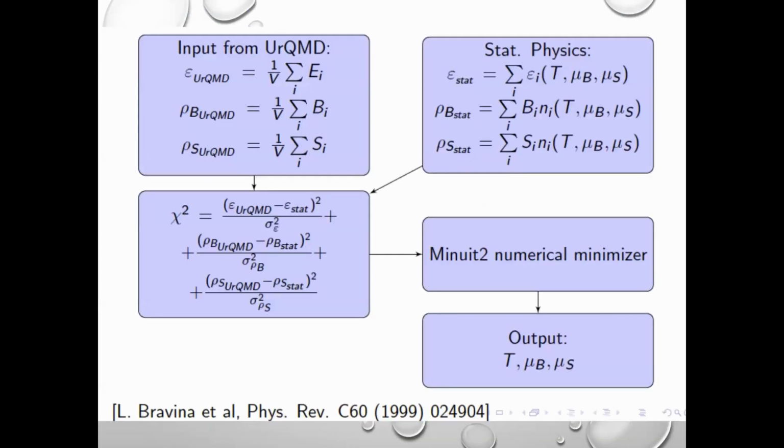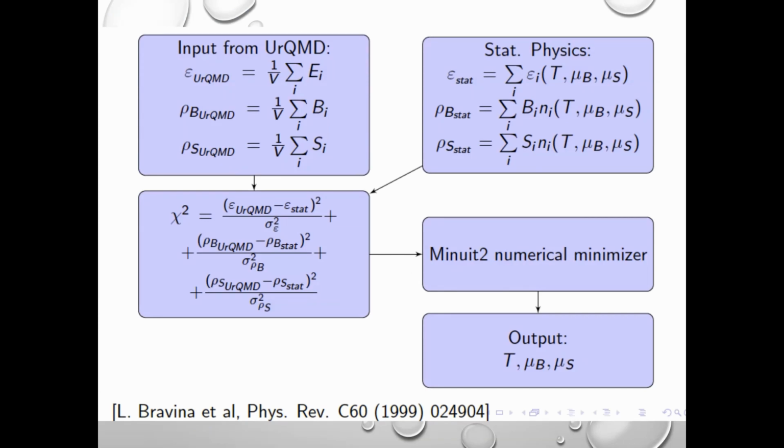Yes, that's the block scheme of how to proceed. We extract epsilon, rho_B, rho_S out of the microscopic model, then put these in a system of highly nonlinear equations, and then compare by minimizing the chi-square.